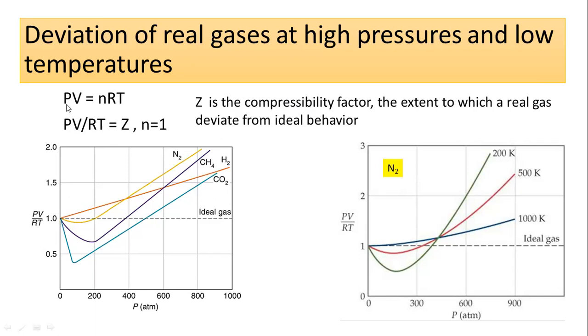So we are using this equation to differentiate between the ideal gas and the real gas. Let's have a look at what is happening here. When the gas is ideal, the ratio PV divided by RT will remain constant.